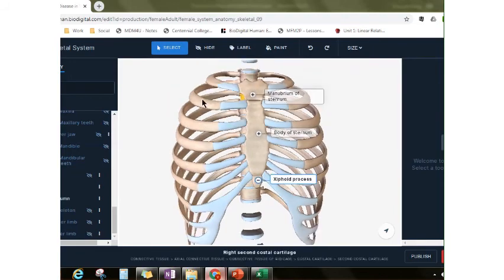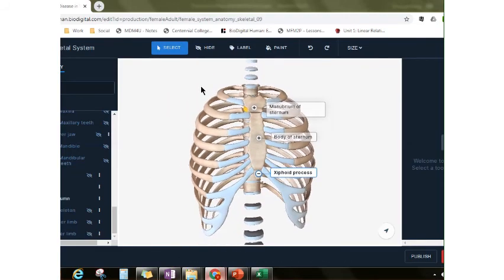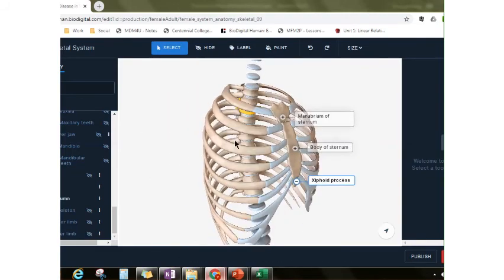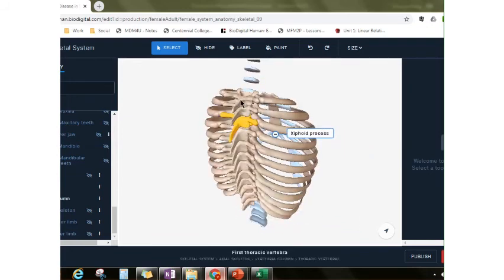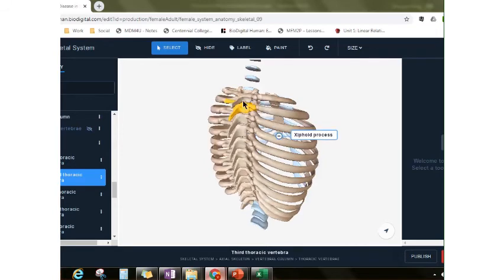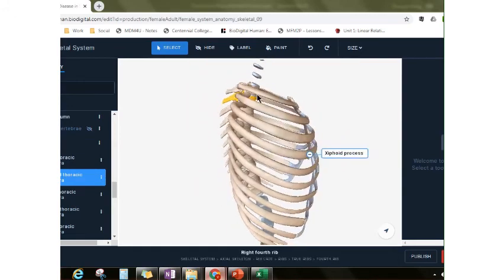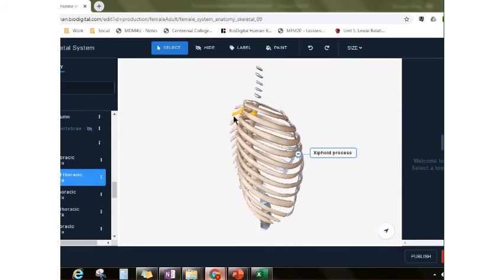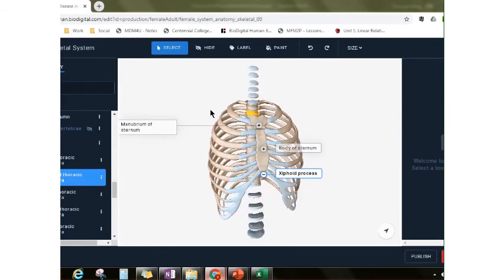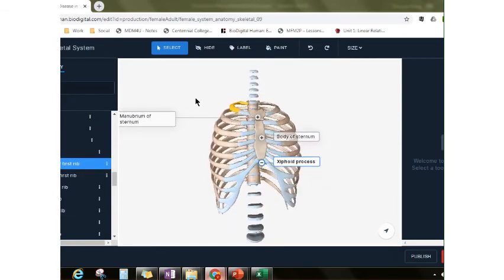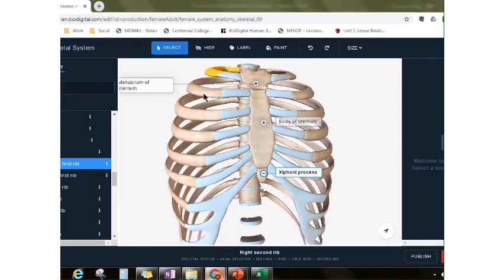Okay, so let's take a closer look at the ribs. The ribs originate at the back from the thoracic vertebrae, right? So T1 is where the first pair comes from, T2 is where the second pair comes from, so on and so forth. And like I said, you have a total of 12 pairs. So let's take a look at rib number 1 through 7.